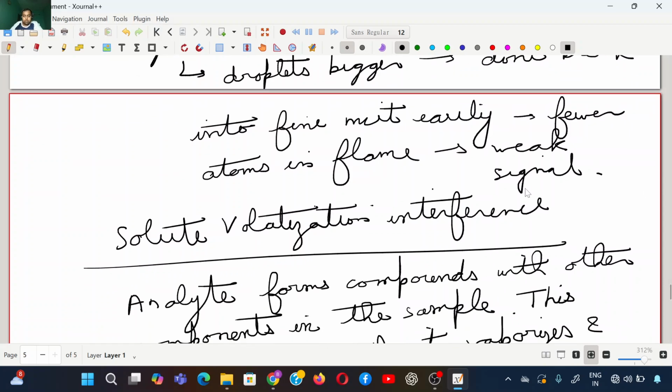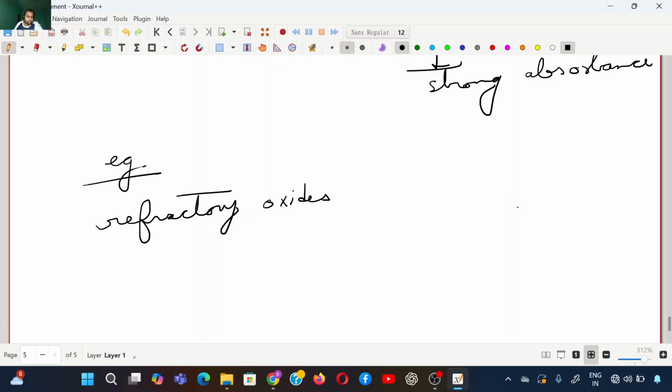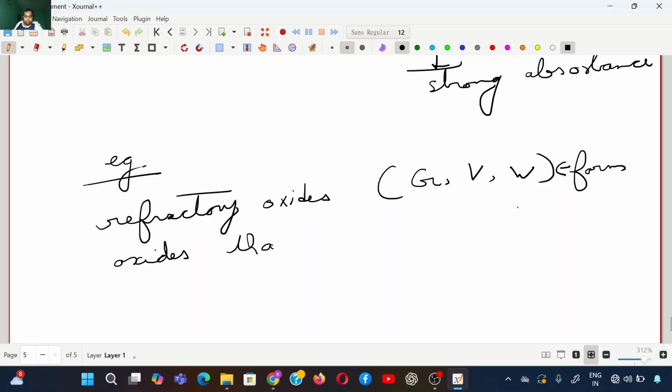So some examples to illustrate this, we have refractory oxides, okay? Example, chromium, vanadium, tungsten. They form oxides that are very stable.